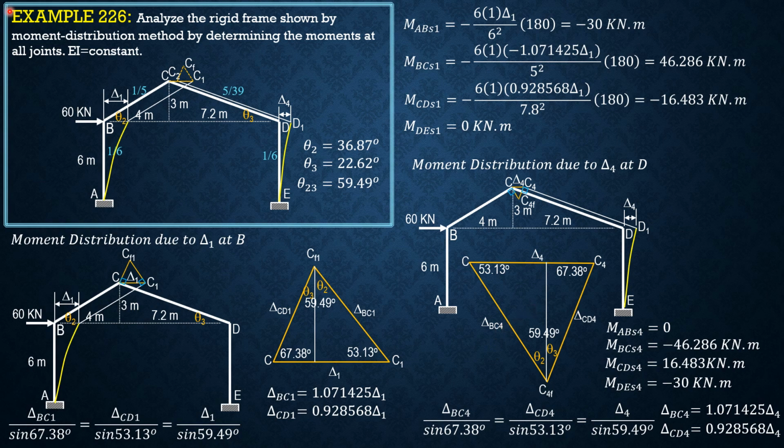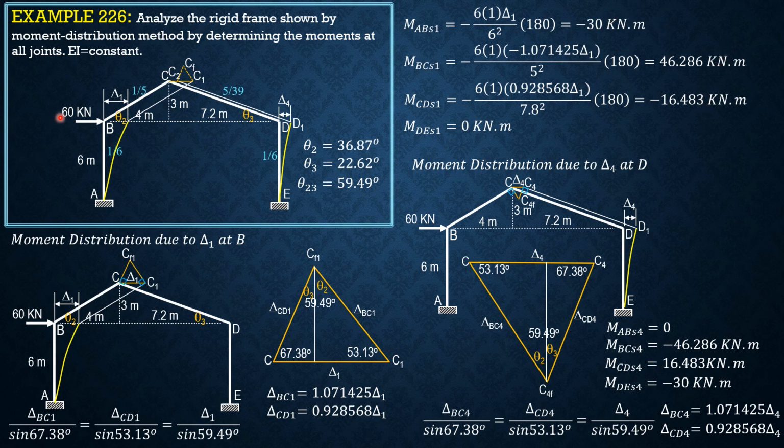Let's proceed to the second part, establishing equations and computing the values of R1 and R2. These are multiplied by R1. This is the moment due to the second phase.